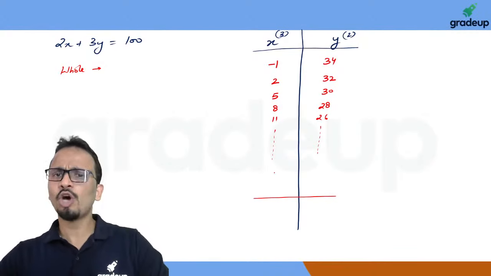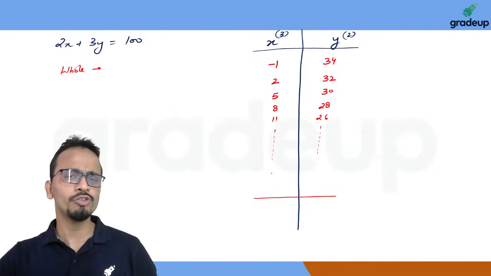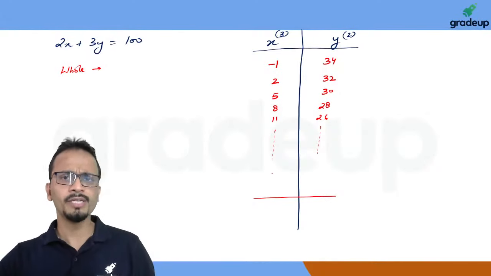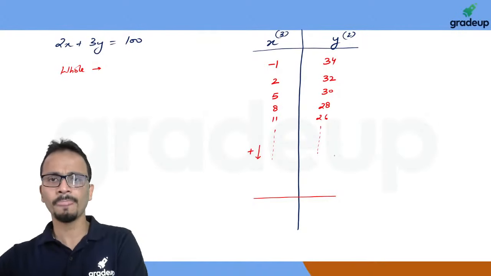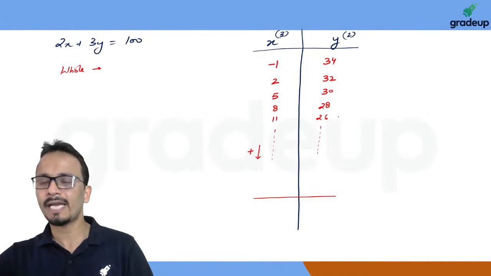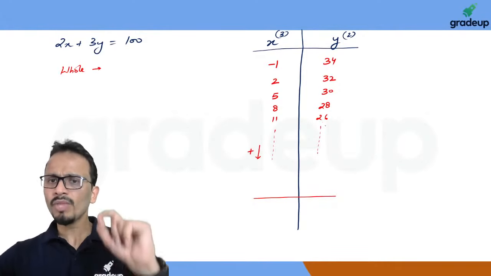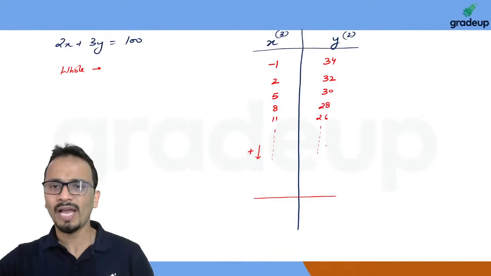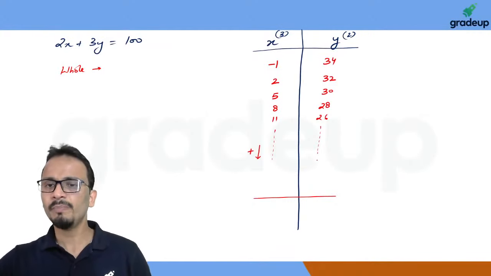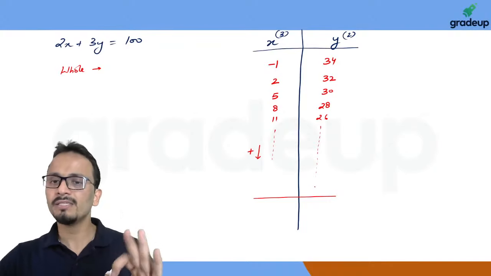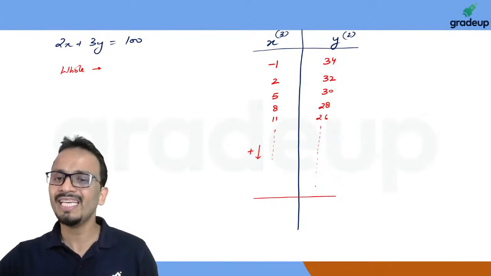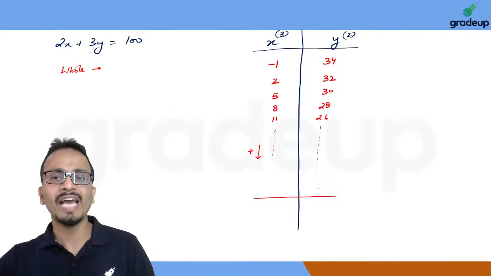So x will not help us in finding the number of solutions, because beyond this point all the values of x will be positive. Looking at the other side, the values of y, if you decrease these values of y, then at a certain moment the value of y will become either 0 or some negative number. This is where we have to stop.